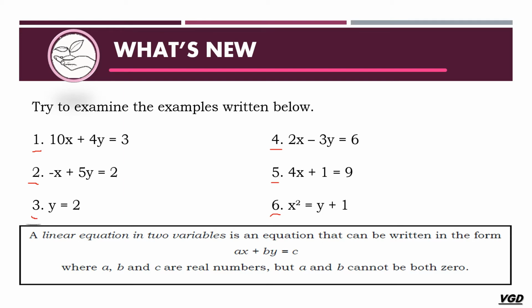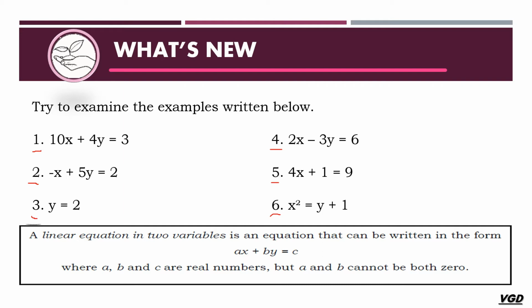So let's check which among the following are linear equations in two variables. How will we be able to know if an equation is a linear equation in two variables? I'll give you time to think about which of the following are linear equations in two variables. Think.